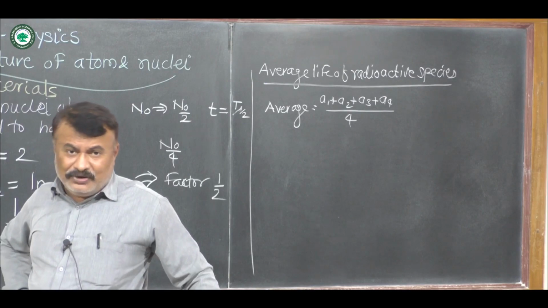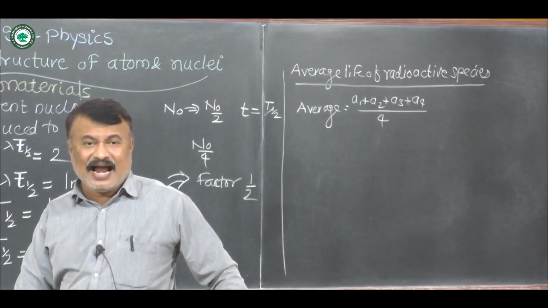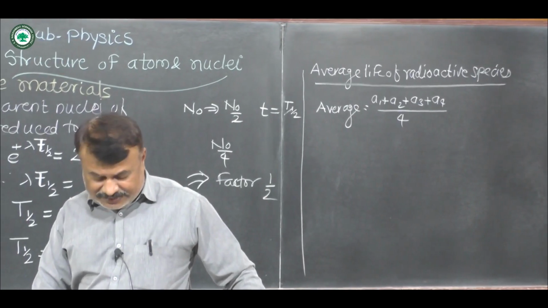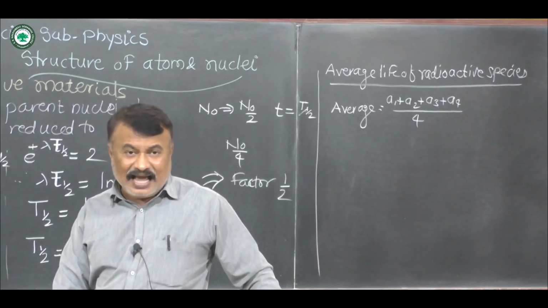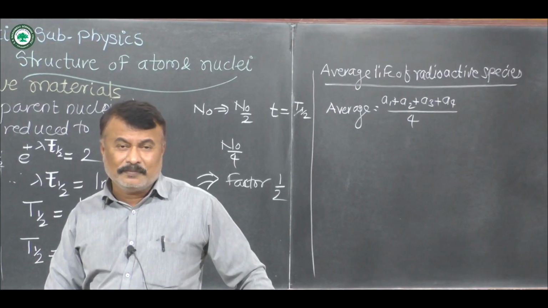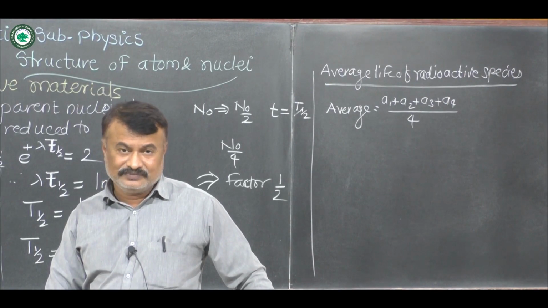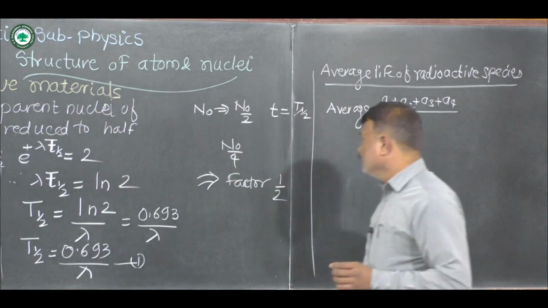The number of nuclei decaying between time t and t plus dt is lambda n0 e raised to minus lambda t into dt. Now we take the total readings.